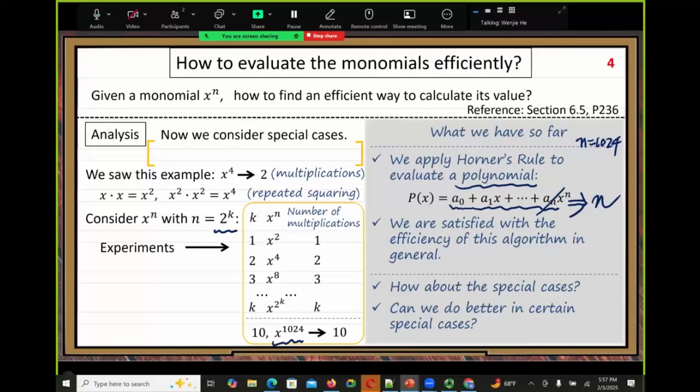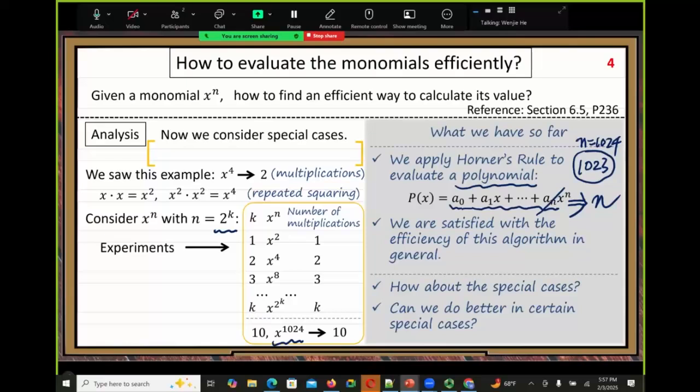If you save one multiplication, your number is 1023. If you use Horner's rule, you need 1023, because in Horner's rule you do not apply the square operation. No square operation in Horner's rule.